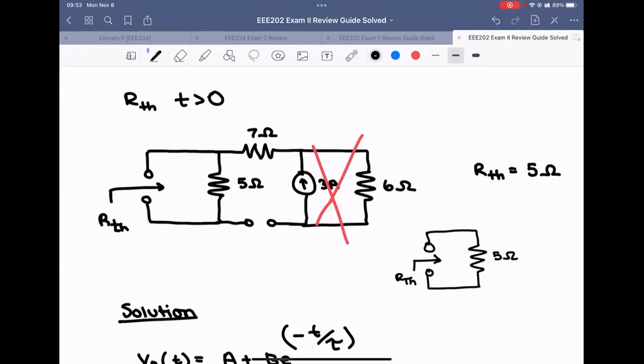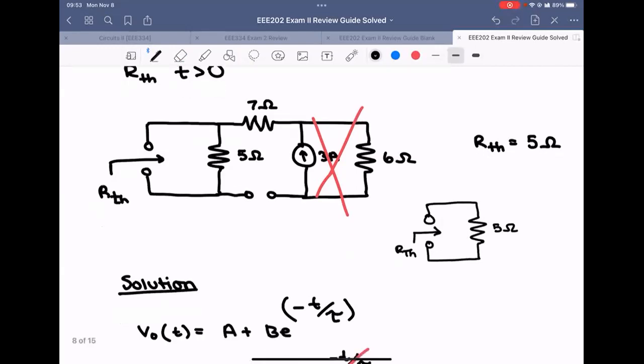So now that goes to what you were saying, writing out the equation. We know that at 0 minus, it was 5 volts. At infinity, it's 0 volts. And we know our Thevenin. So we know everything that we need to know to solve now.